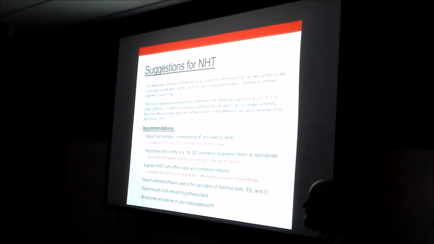Please report your descriptive statistics: means, standard deviations, correlations. But be mindful to report statistics that are relevant to your analysis. We'll get into this, and Cumming and Finch talk about this a little bit in terms of inference by eye. In that assignment I gave you, I was reporting differences in change scores.